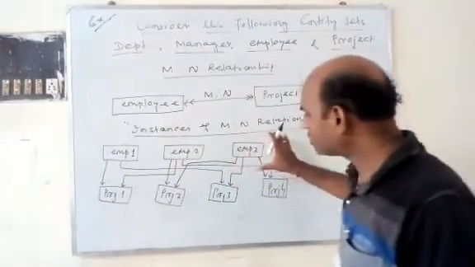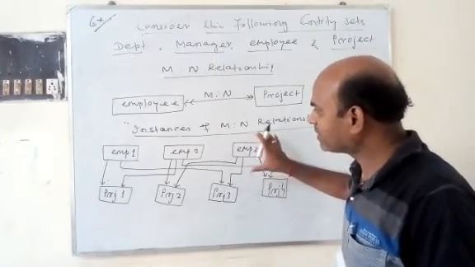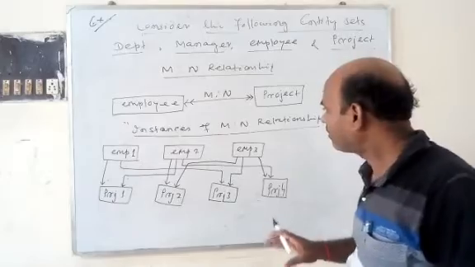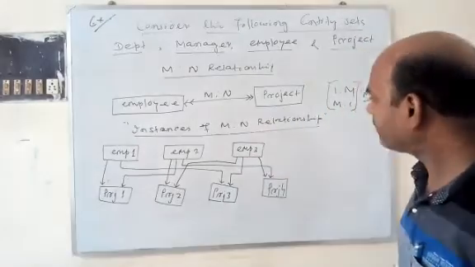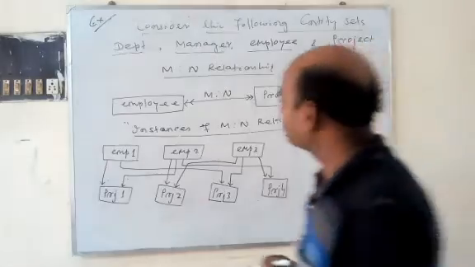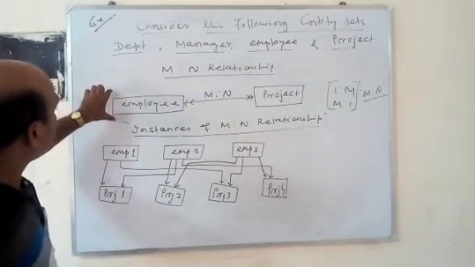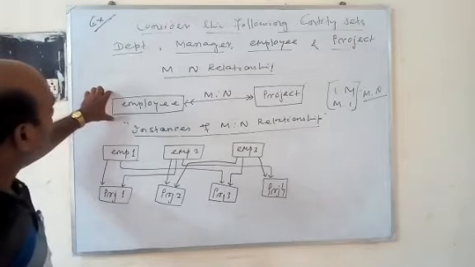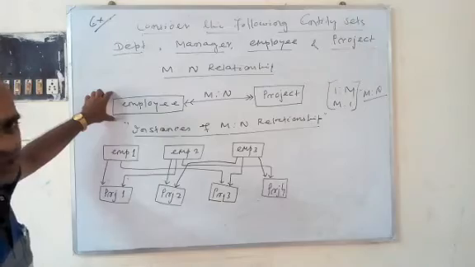What does this instance diagram mean? This instance diagram represents the many to many relationship between two entity sets, that is, employee and project.